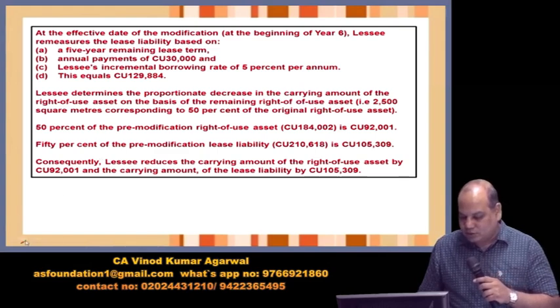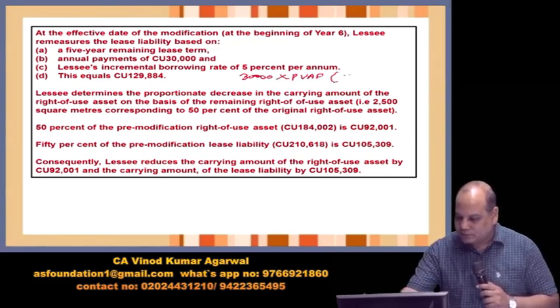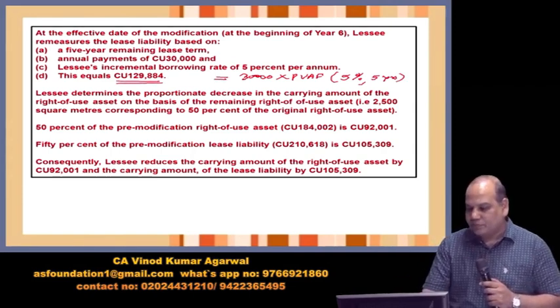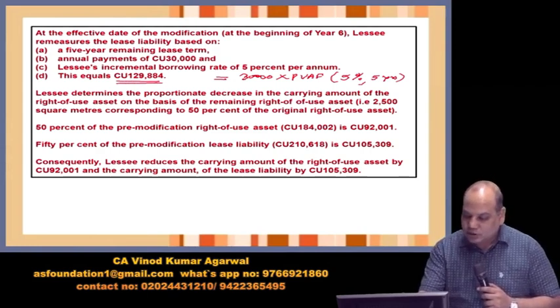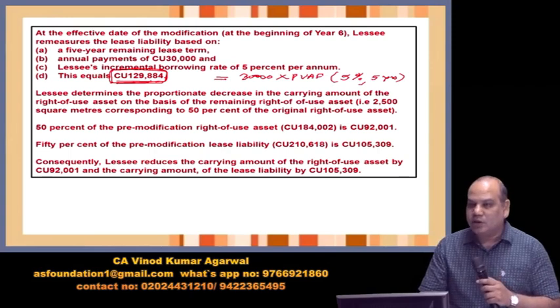So take your calculator. 30,000 into present value annuity factor, 5% and 5 years. Do this calculation. Check, are you getting this number? Is it right? So now my lease liability will be 129,884. Correct? For the remaining period, remaining rate, remaining cash flow, the lease liability now should be 129,884.